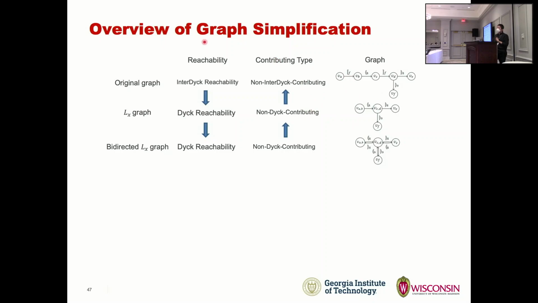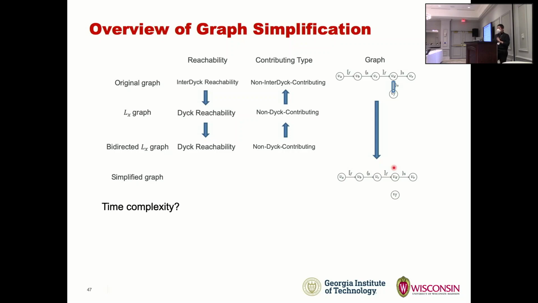So recall the purpose of graph simplification: we want to get rid of useless edges, and those non-inter-Dyck contributing edges are useless edges, so we can get rid of them. That basically shows the end-to-end result. With the help of fast Dyck for this input graph, we are able to remove this edge, and by previous slides, we know that it improves the performance and the precision as well.